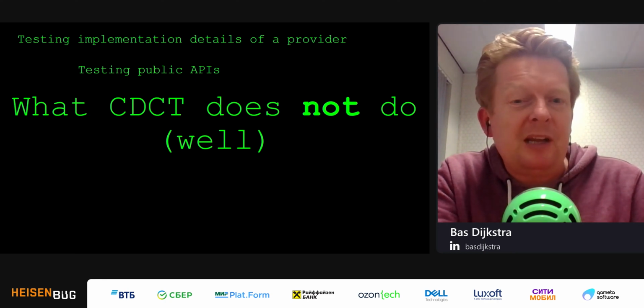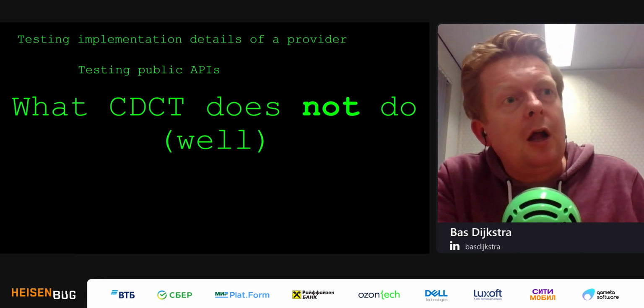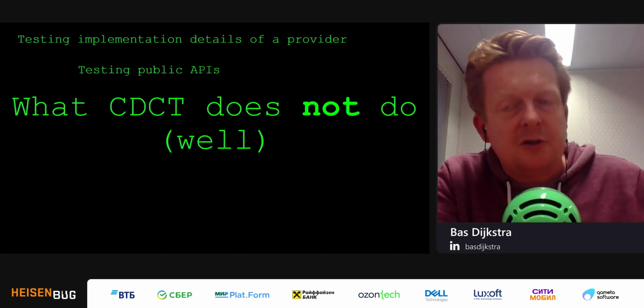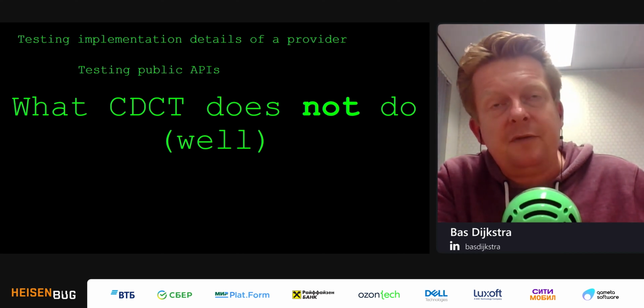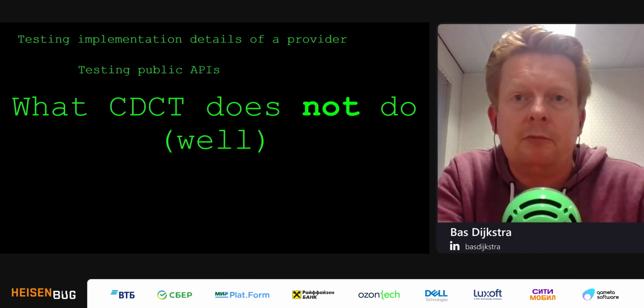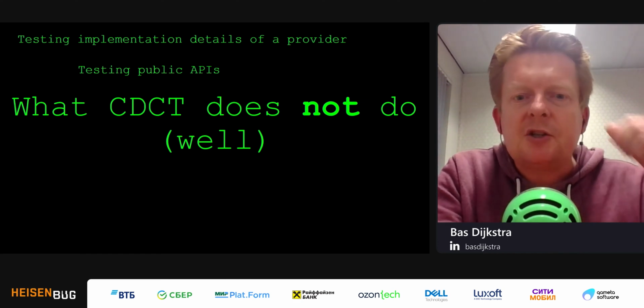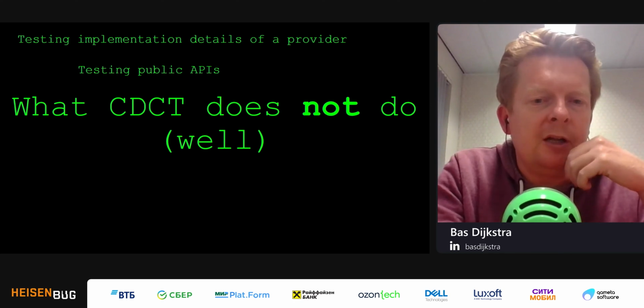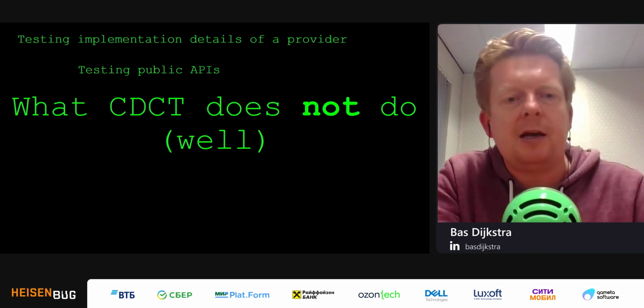But also because public APIs tend to have a lot of different consumers, and having to fulfill all of the contracts for all of these consumers would get really annoying really quickly. So it doesn't work really well for public APIs.